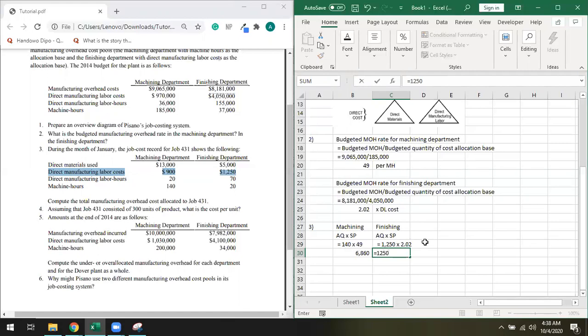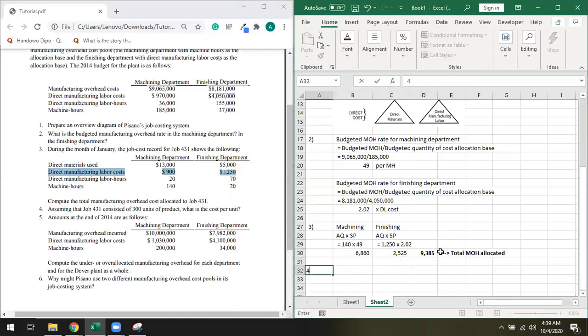We have $2,525. So the total manufacturing overhead cost allocated will be $9,385. This is the total manufacturing overhead cost allocated.